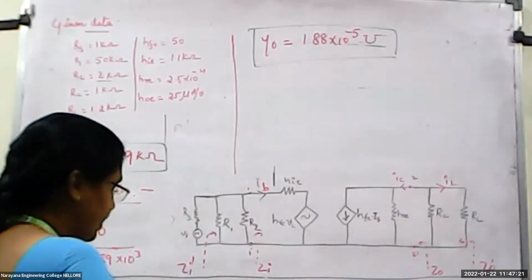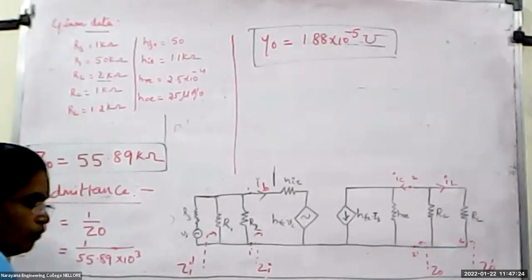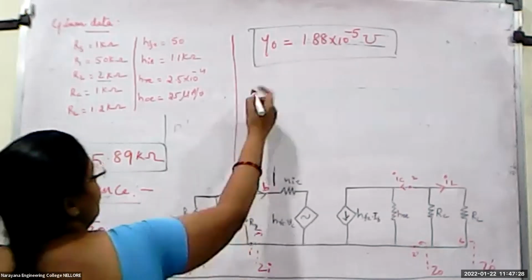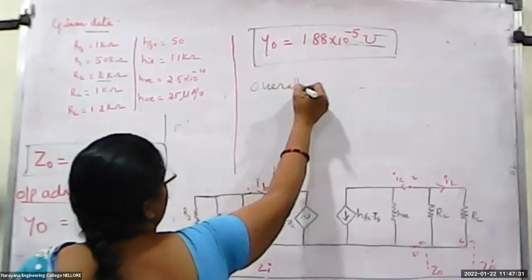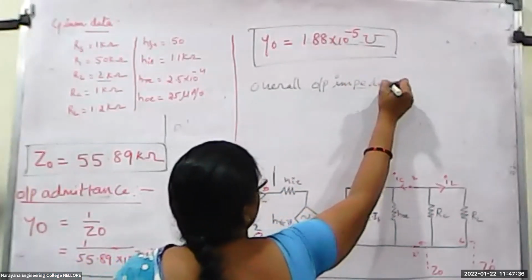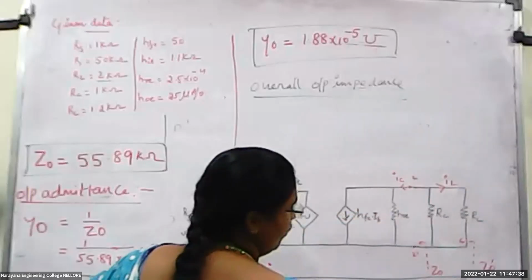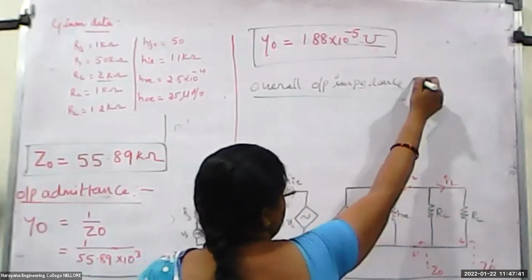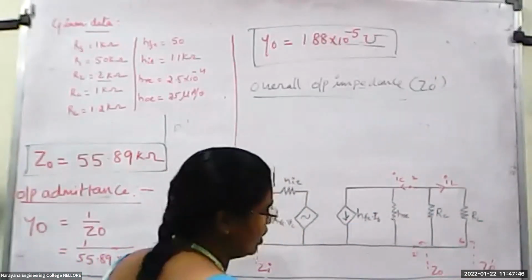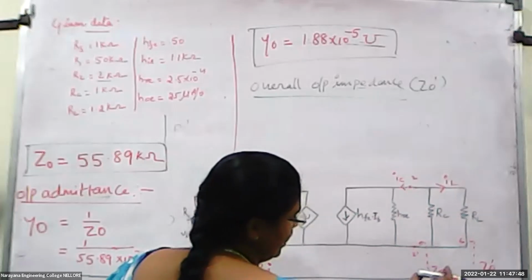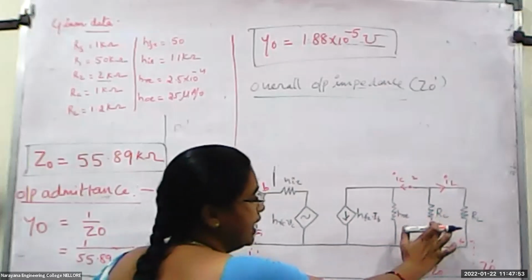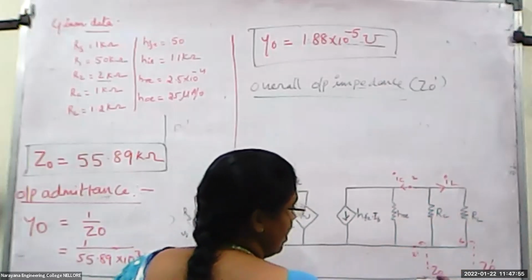Now the last parameter, overall output impedance Z naught dash. This Z naught dash is the combination of Z naught.